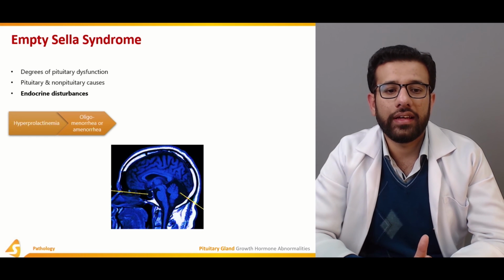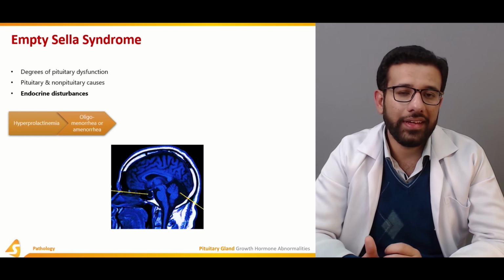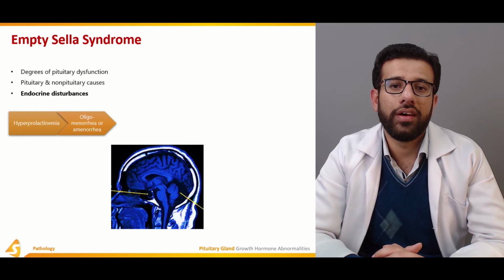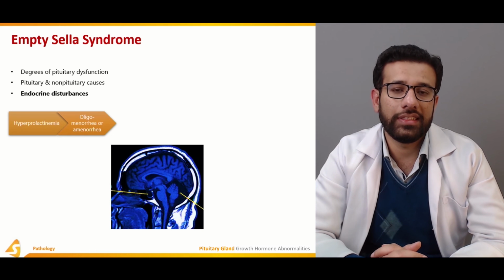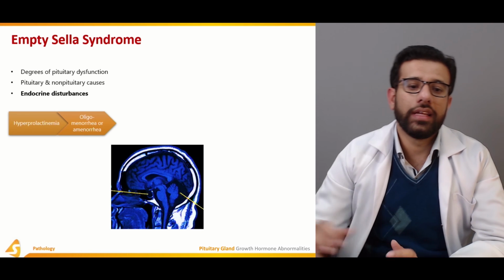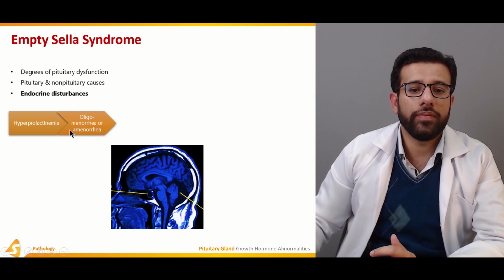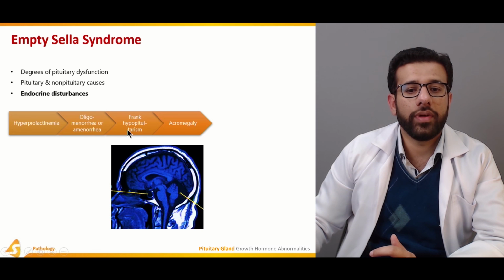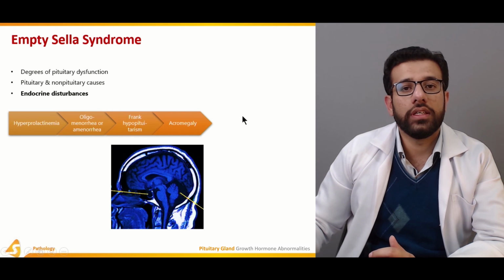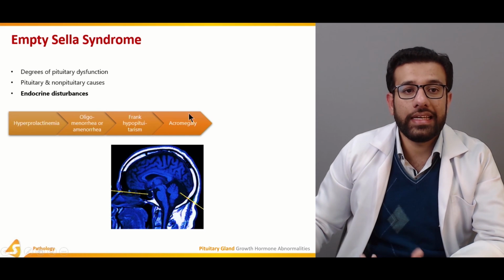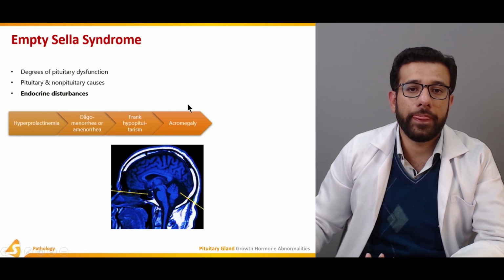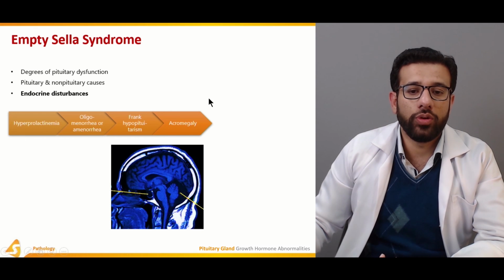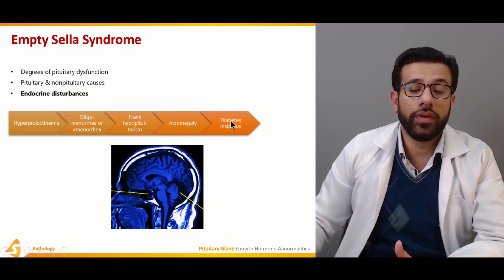It can be either an increase in hormone release, or there can be a deficiency of the hormones. The increase presents with hyperprolactinemia and oligomenorrhea. These are the clinical presentations of the empty Sella syndrome. The most important in a patient with empty Sella syndrome is diabetes insipidus.